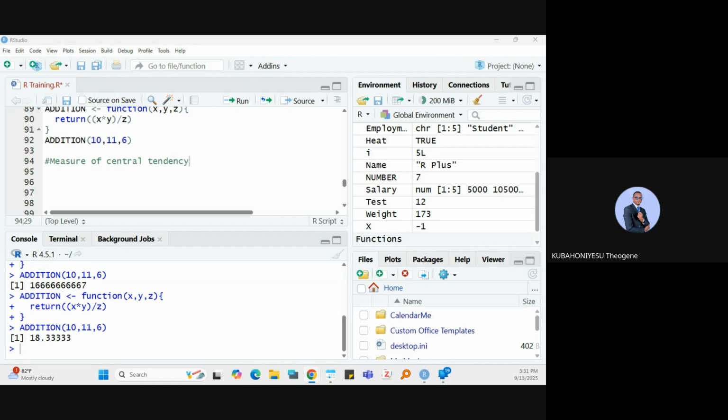Those are the things that belong to statistics. But we don't say that to secondary or primary pupils.